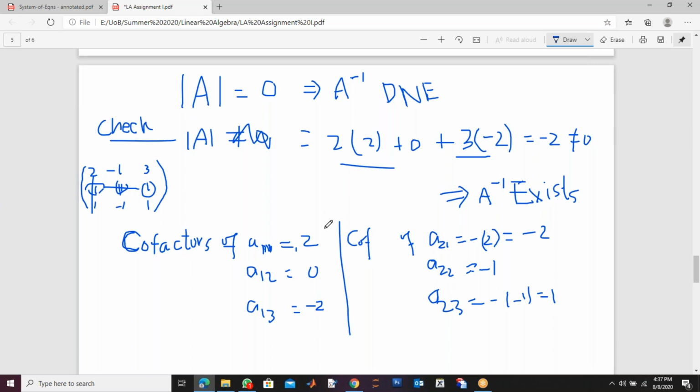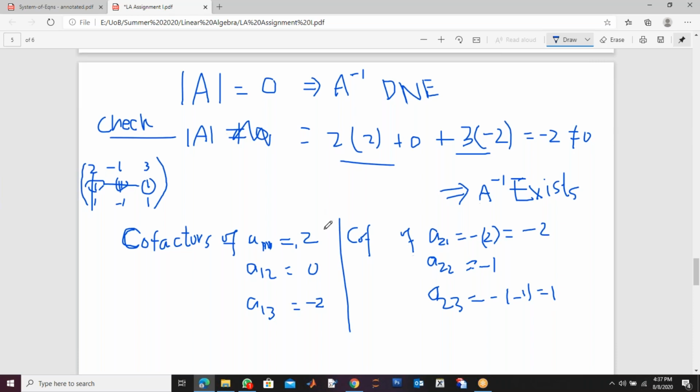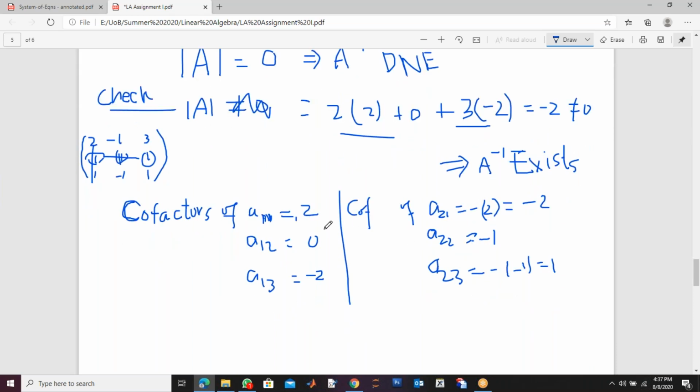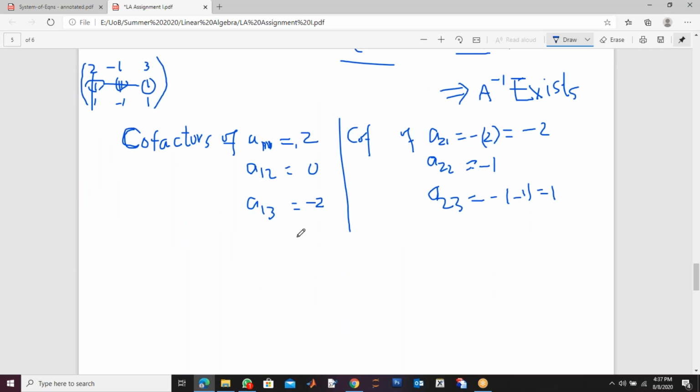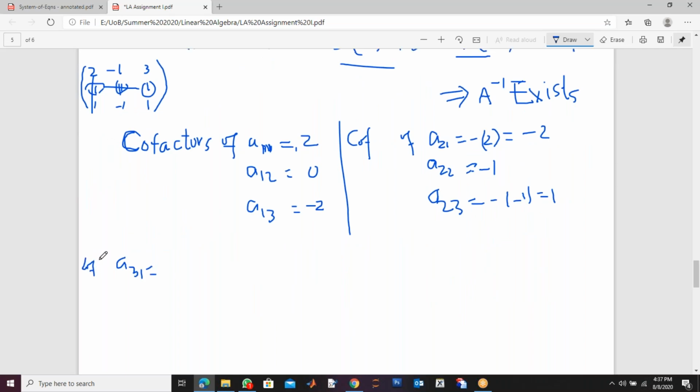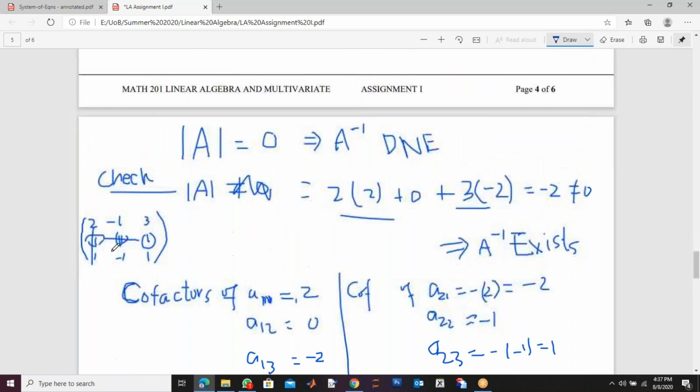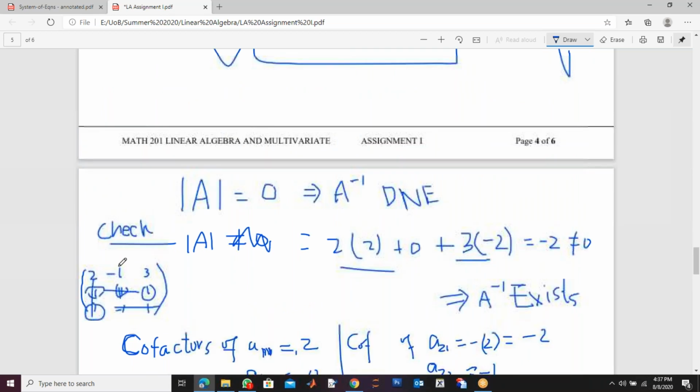Okay. So similarly, cofactor of A31. If you remove these two, you will get minus 1 and minus 3, which is minus 4.